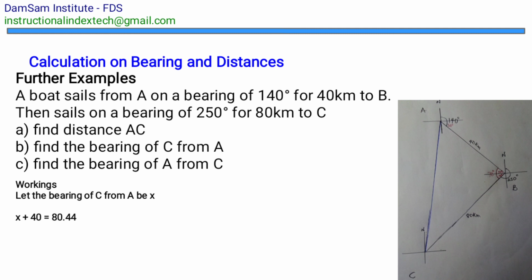So we have x plus 40 is equal to 80.44, and our 80.44 is the angle at A, which we just calculated in the previous slide. We can now simplify that. We take 40 away from both sides, and x will be 40.44. That's the concluding part of this question.